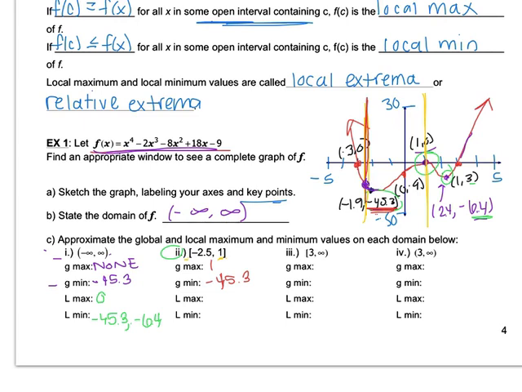So this is actually going to serve as a global max where x equals negative 2.5. To figure out that y value, if you're looking at your graph, hit trace and then type in negative 2.5 and you'll get your y value of negative 33.7. And then the local min, well, we still have this local min, which was our global min as well, negative 45.3.